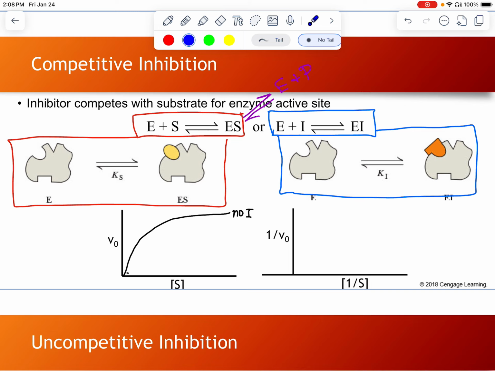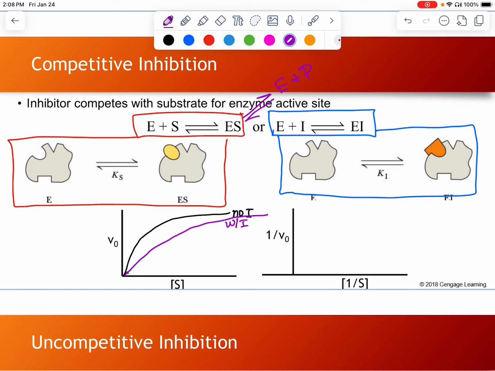It's going to take more substrate, but if we increase the substrate concentration a lot, then we increase the statistical odds that the substrate will be the one to grab that active site, and we can still get to that same Vmax. So if I was going to look at that now on my graph, I might show it something like this, right? It's going to take more substrate to get to that same place, but with the inhibitor, I can still get there.